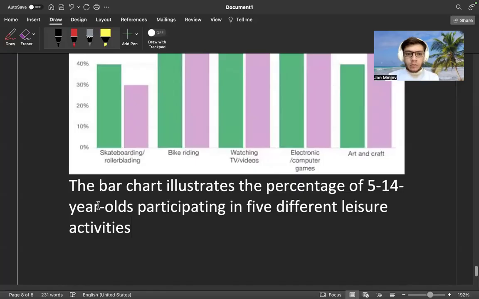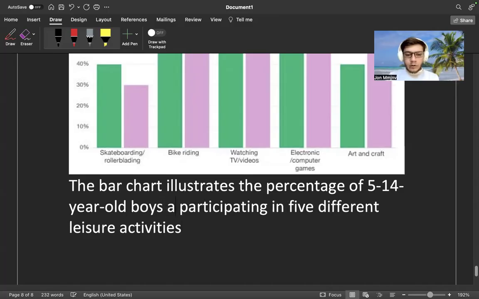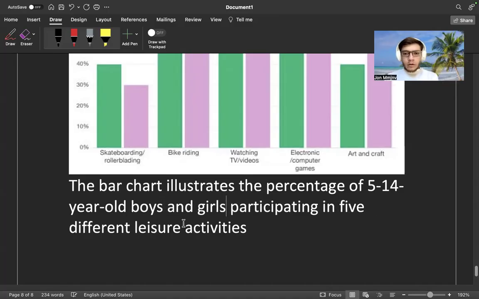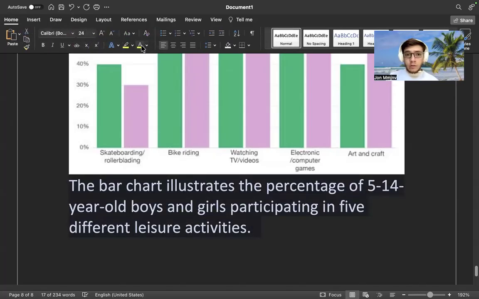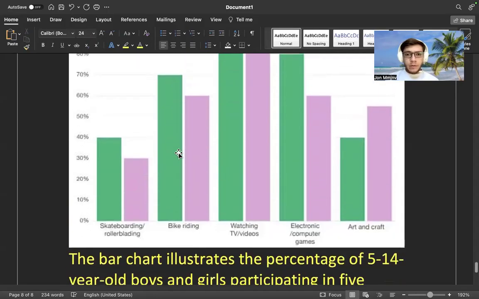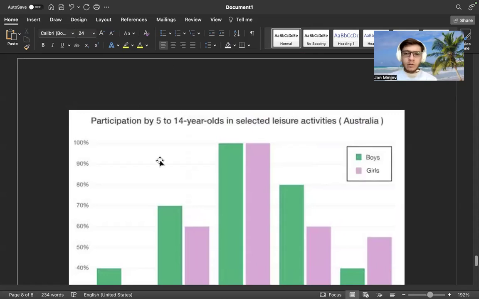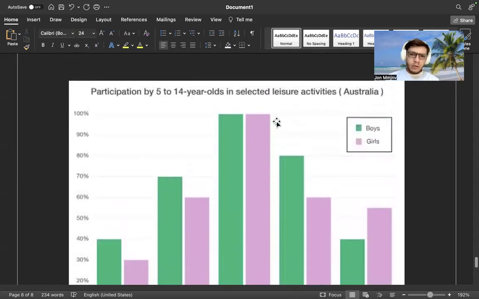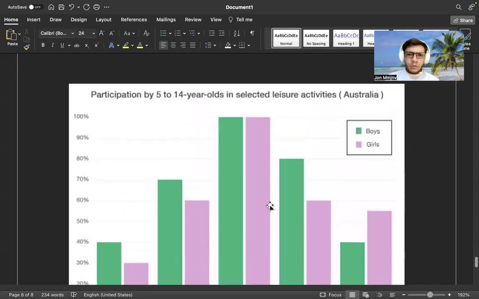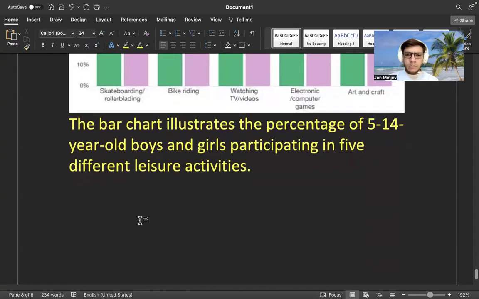The percentage of 5 to 14-year-old boys and girls, maybe, right? Participating in 5 different activities. That's it. This is by far the best one, actually. It doesn't have years, so I don't need to mention them. The bar chart illustrates. Have I paraphrased? Yep. It doesn't even have its own description, but we don't even need that. You can analyze the graph yourself. We have beautiful overviews here, but that's for another day.